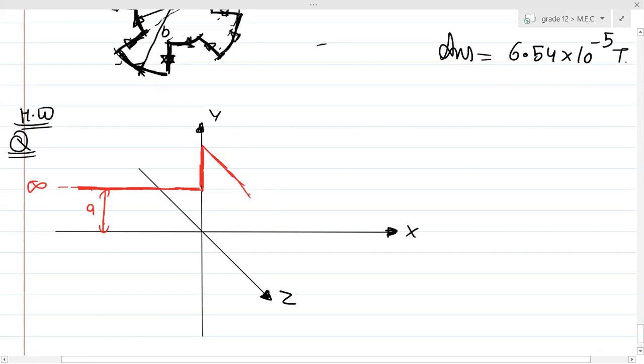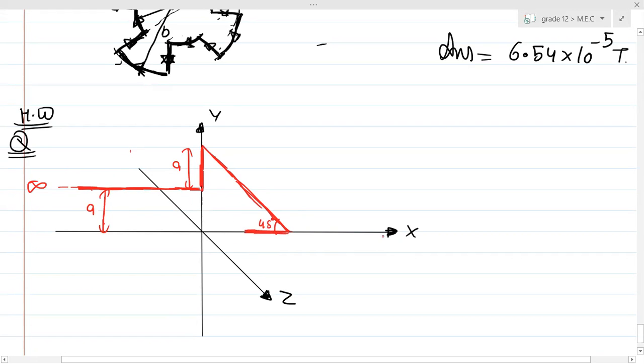Then it makes a right angle triangle. This distance is also a. This angle is 45 degrees. Then it comes like this. Everything until now has been happening in the xy plane.